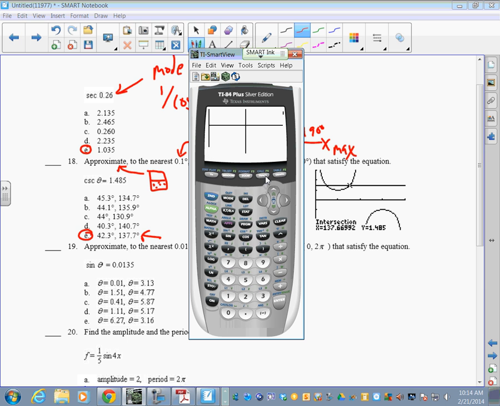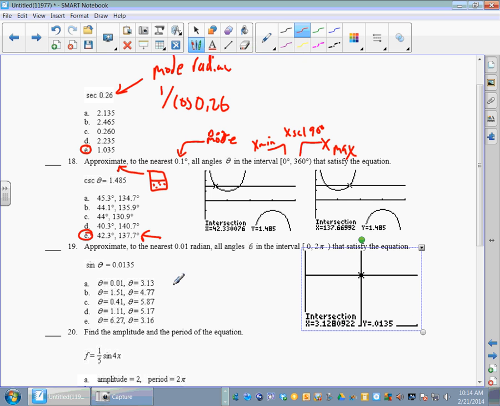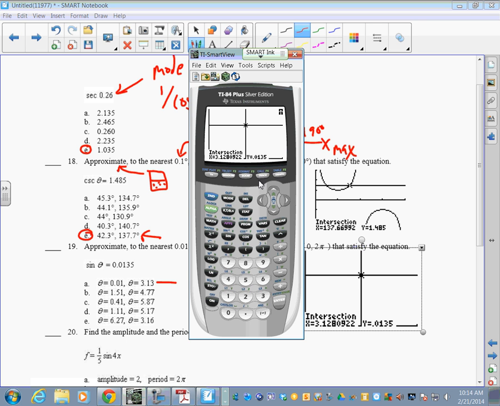Second, calculate, intersect, first curve, second curve, guess. 3.128. And so it's probably this one. I'll double check that with the 0.01. Second, calculate, intersect, first curve, second curve.